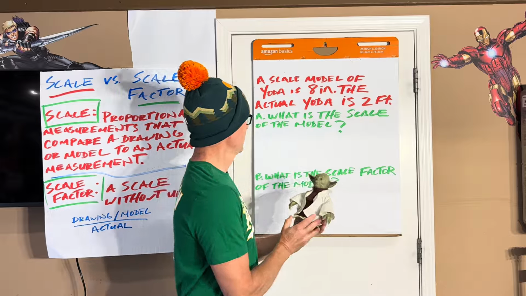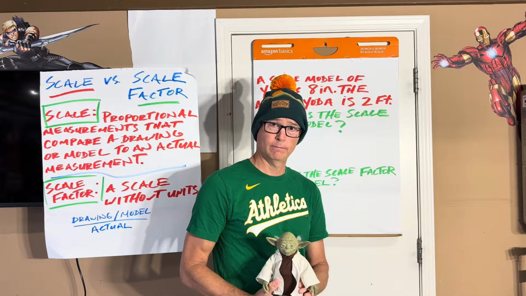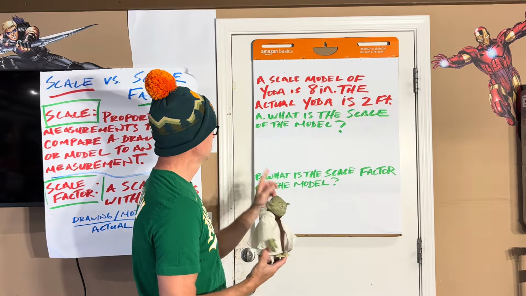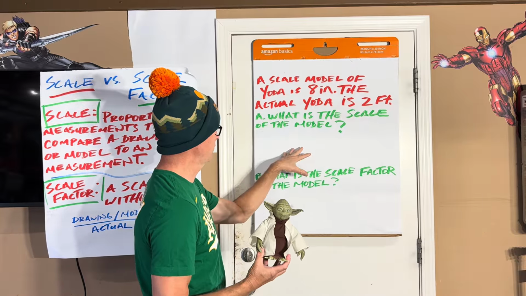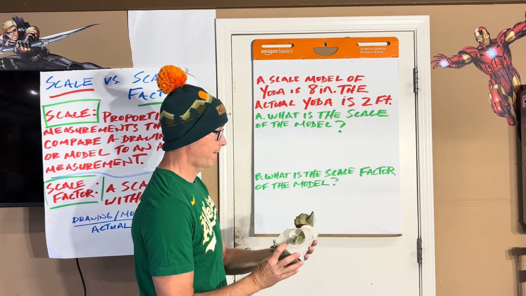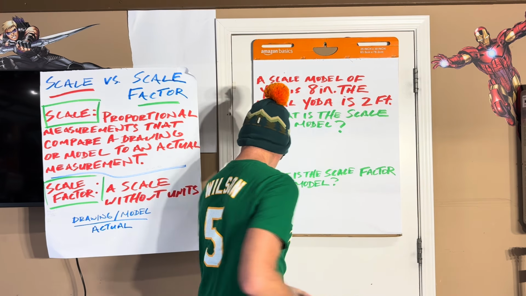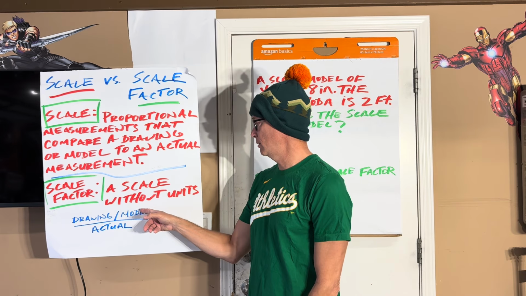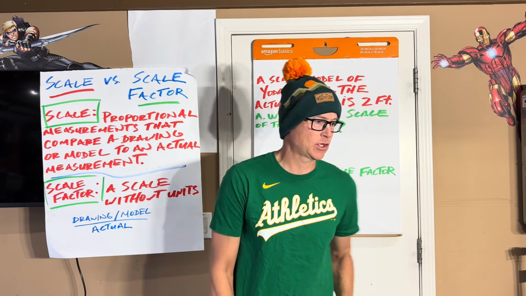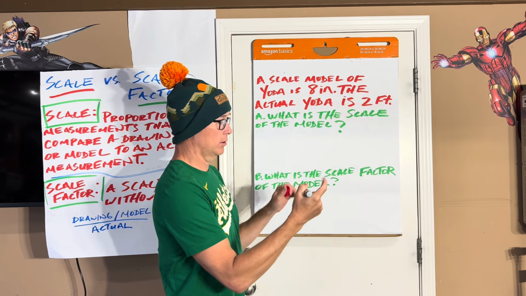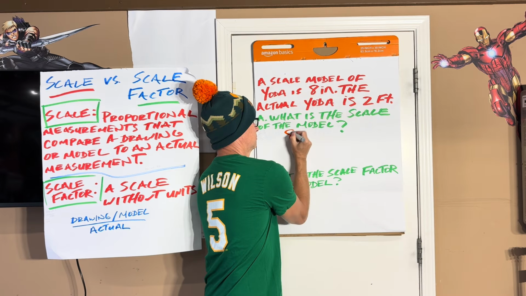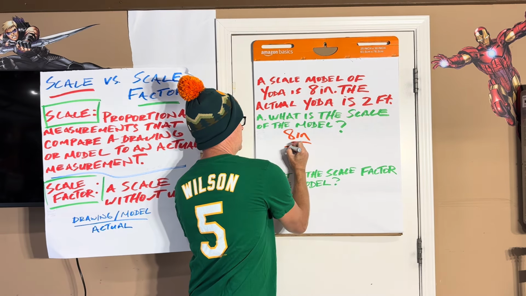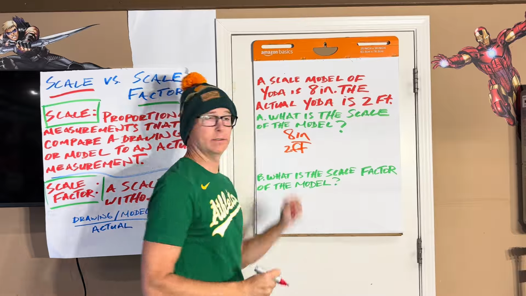All right, so the actual Yoda is 2 feet. The model is 8 inches. So we're going to figure out the scale of the model and the scale factor of the model, okay? So let's remember what we put right here. It's the model dimensions over the actual, okay? So the model is 8 inches, okay? Actual Yoda is 2 feet, okay? You notice these are different units.